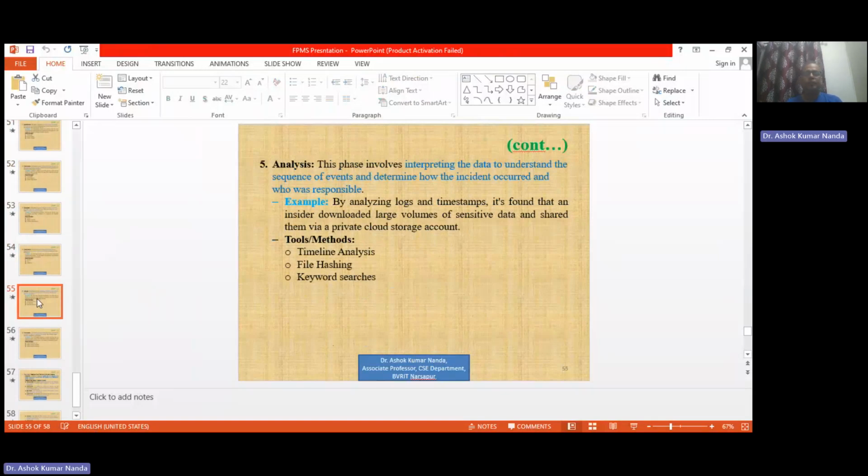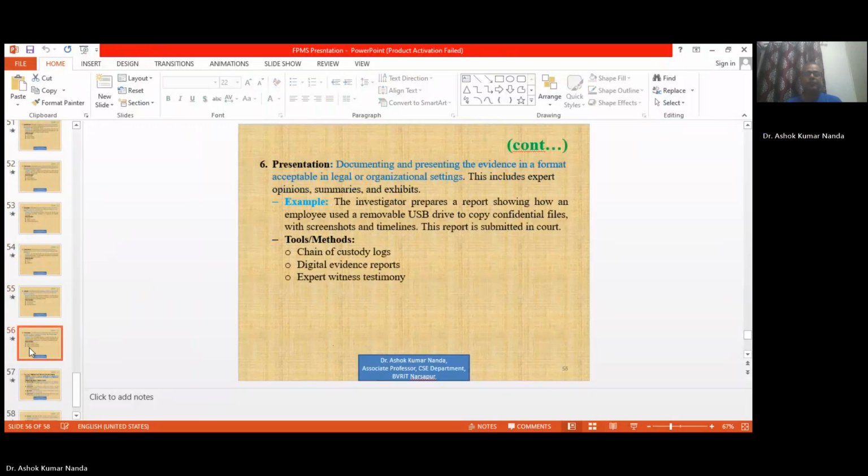For example, by analyzing logs and timestamps, it is found that an insider downloaded large volumes of sensitive data and shared it via a private cloud storage account. In this case, we use tools and methods like timeline analysis, file hashing, and keyword searches.